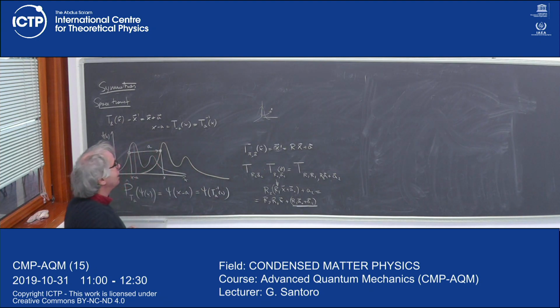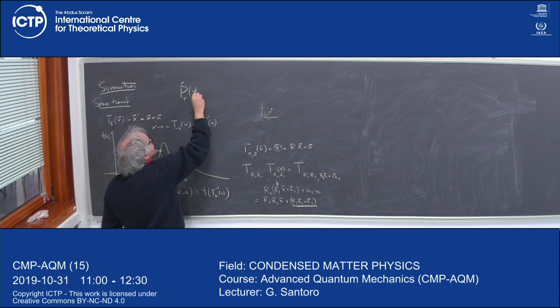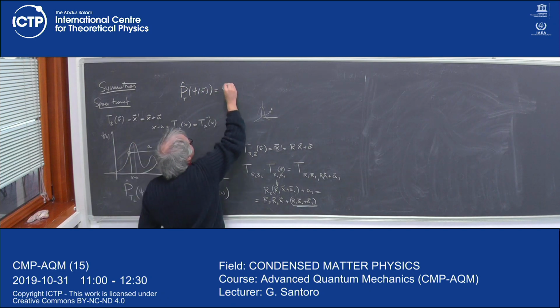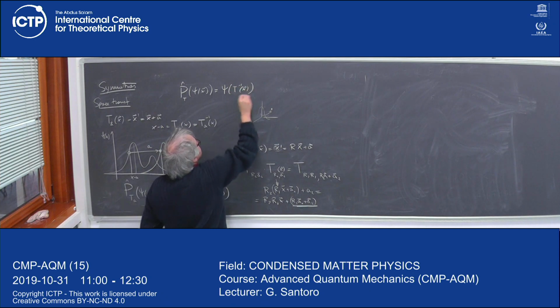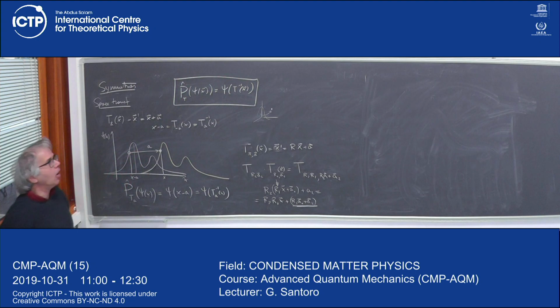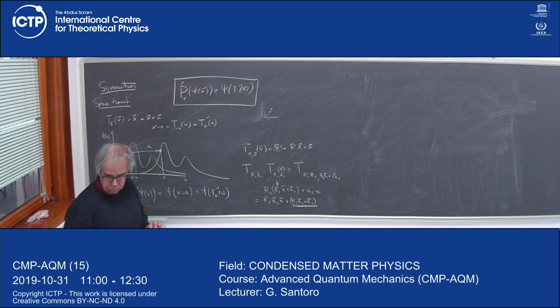So, more generally, for any t, P of t of psi of x, okay, will be for us psi of t to the minus 1 applied to x. Okay? That's the general definition of how space transformations act on wave functions.